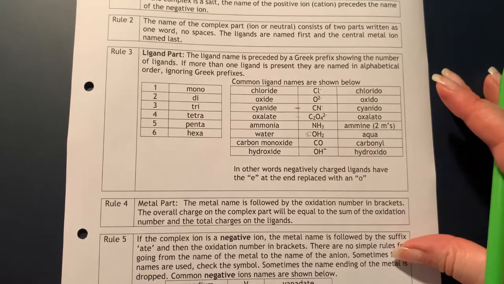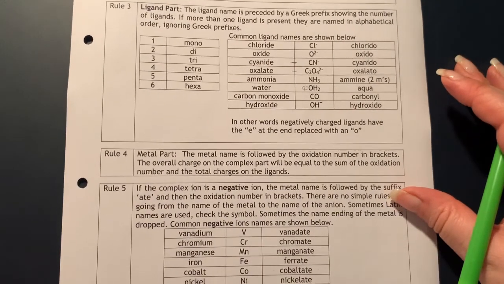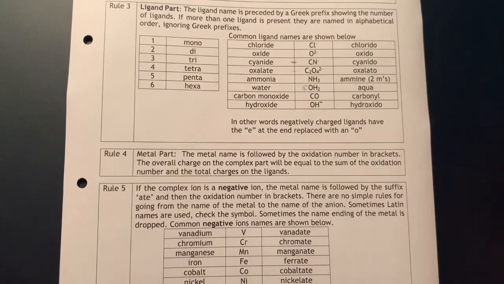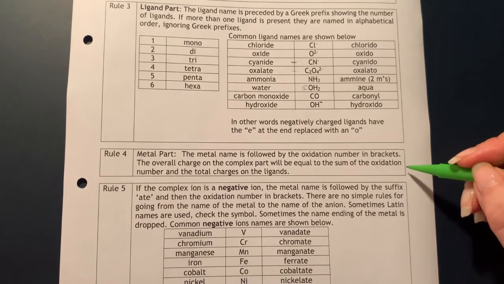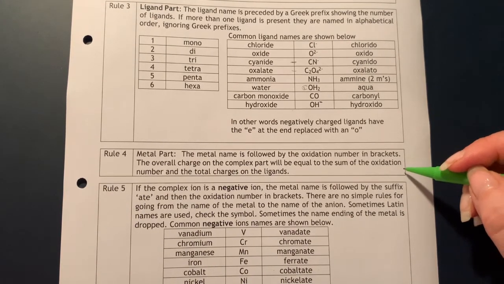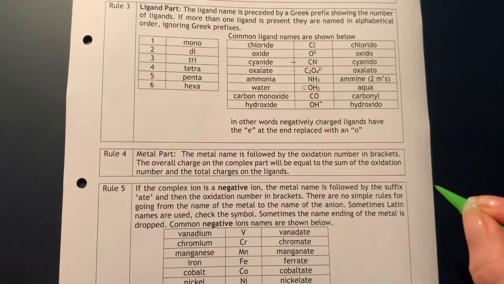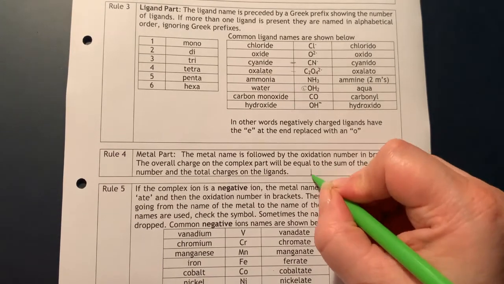The metal part, rule number 4. The metal name is followed by the oxidation number in brackets. The overall charge in the complex part will be equal to the sum of the oxidation number and the total charges on the ligands. This is very similar to what you've been doing for calculating the oxidation state. The only other thing I would say is that this is in Roman numerals.